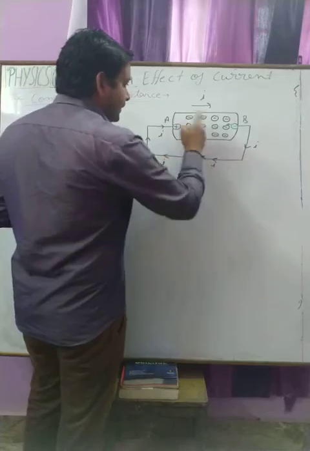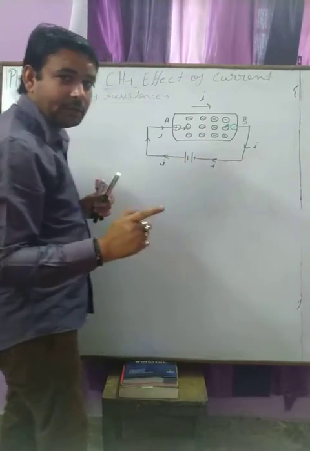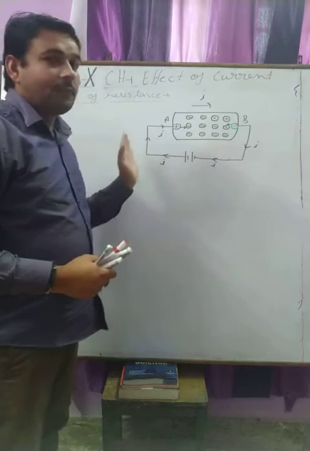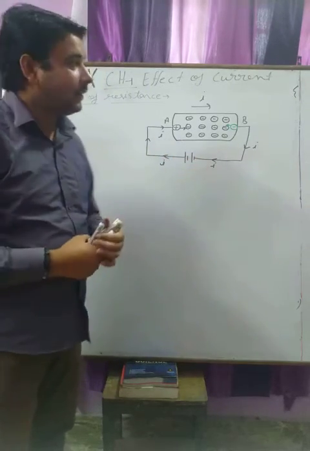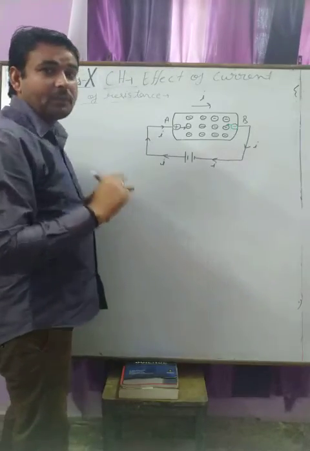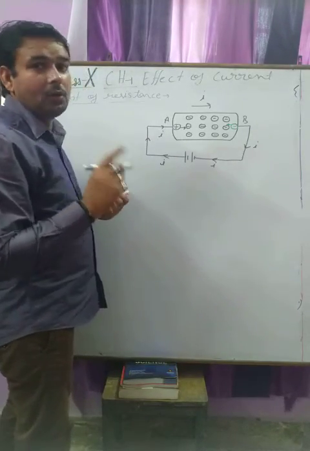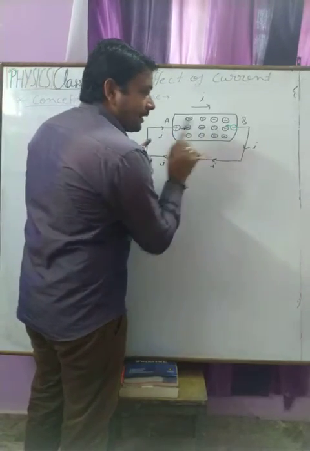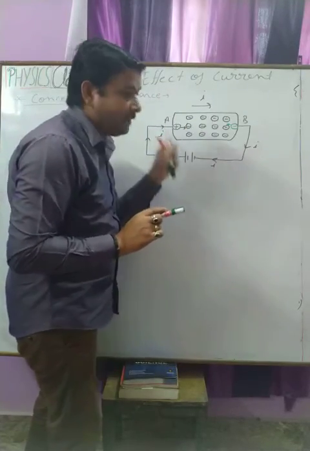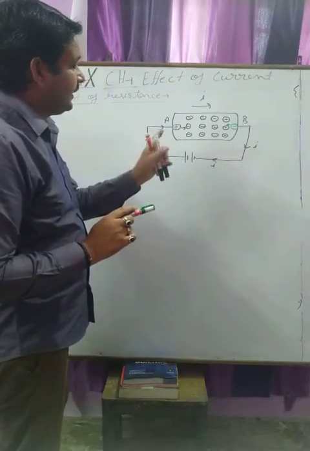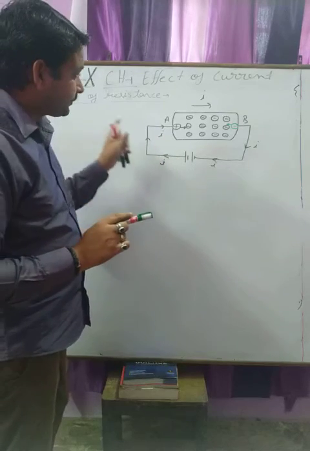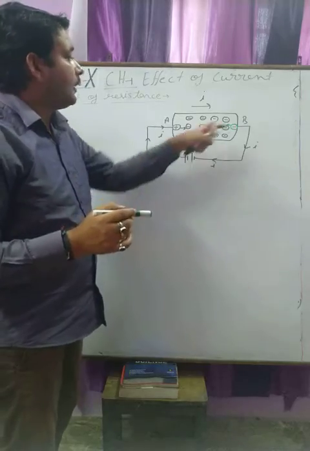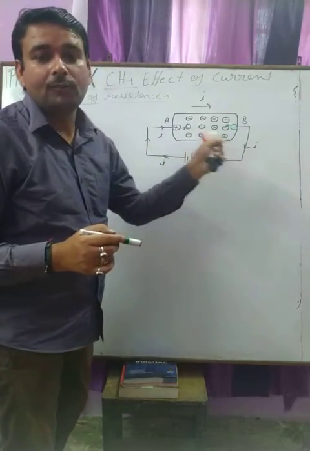So due to this collision, the current slows down, or the flow of electrons in the conductor is reduced, which gives rise to a condition of obstruction of current moving inside the conductor due to these free electrons. This condition is called the obstruction offered by the conductor in the path of flow of current.